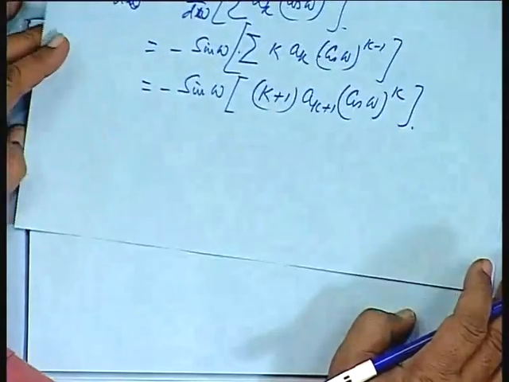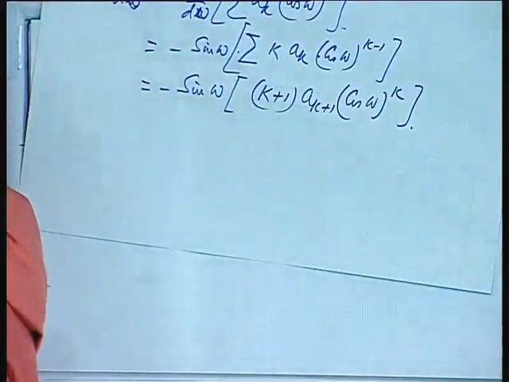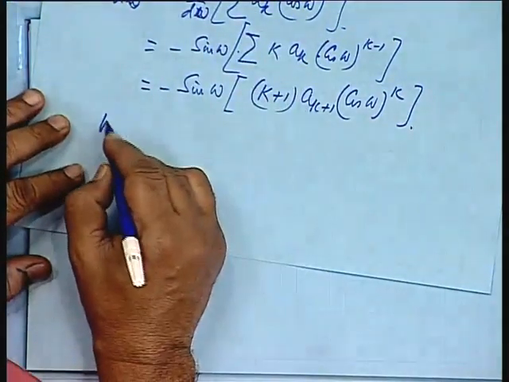The algorithm that we are going to have now is very simple, because we have already established this relation.